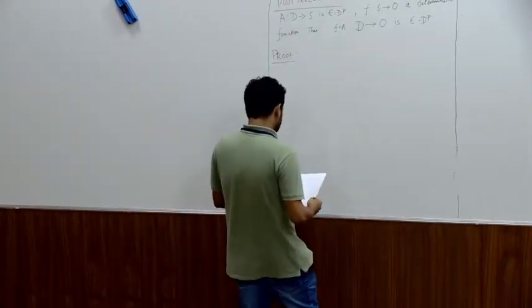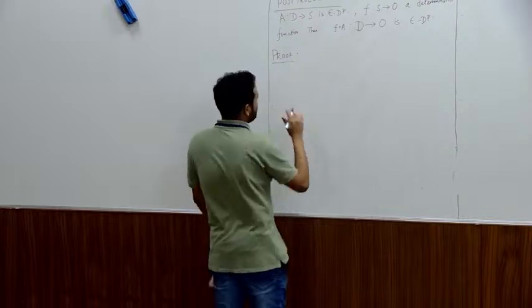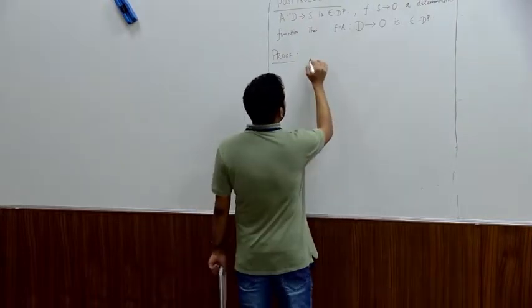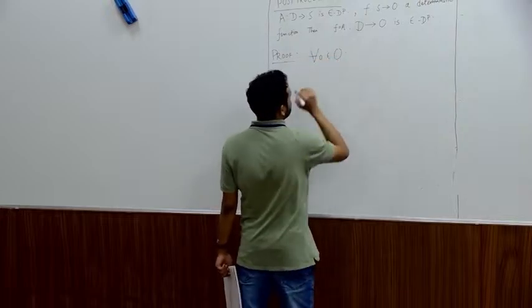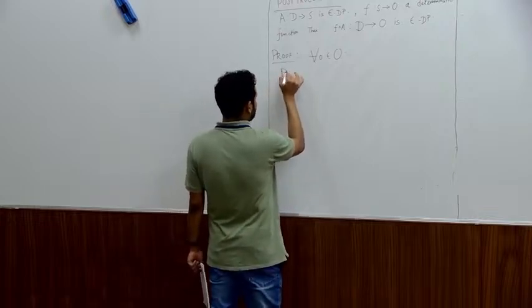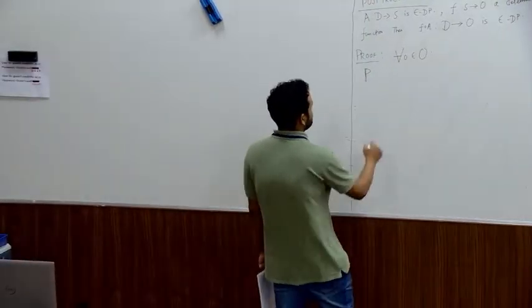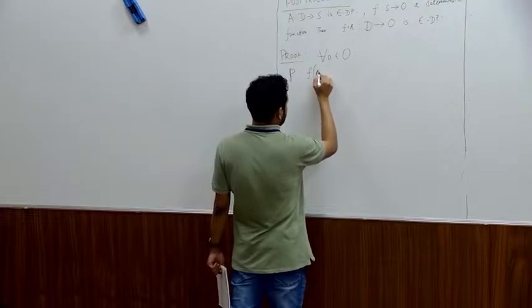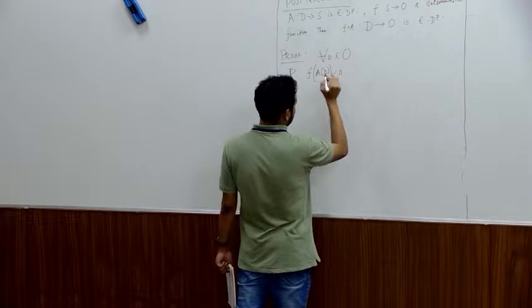So what do we have to prove? For all small o in capital O, we have to compute the probability that f composed with A of D equals small o.